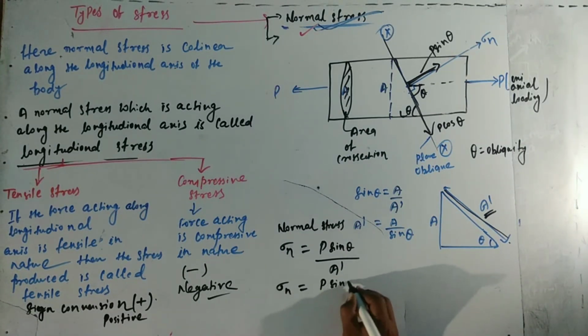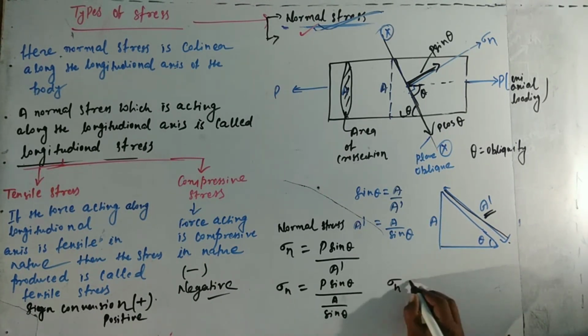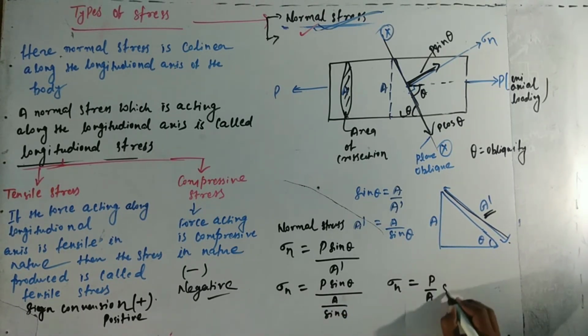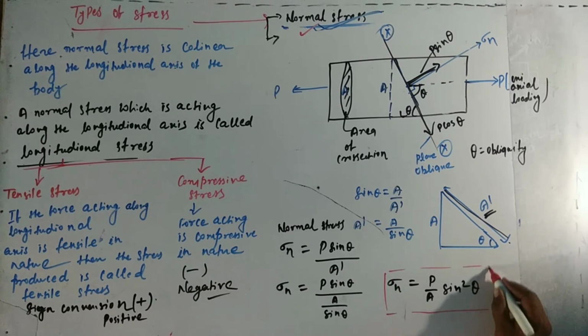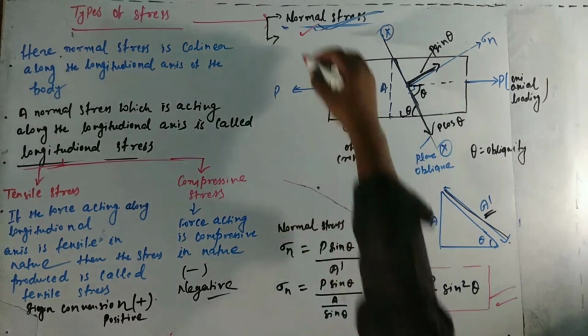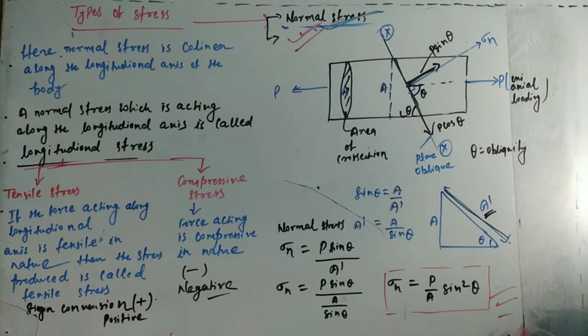Now we put the value of A dash, so sigma n equals p sin theta by A by sin theta. Therefore sigma n equals p by A sin square theta. So this is the equation for normal stress, that is sigma n equals p by A sin square theta.